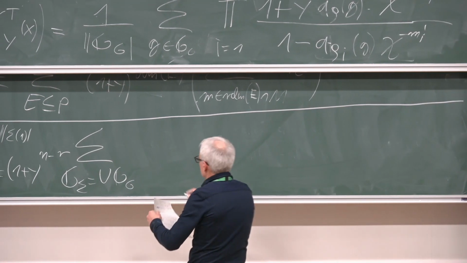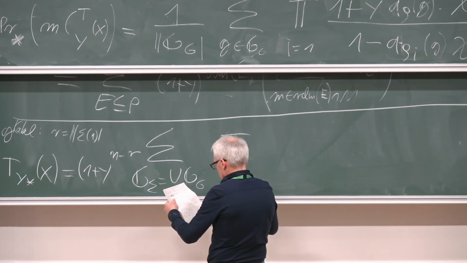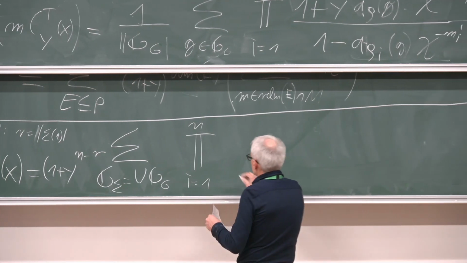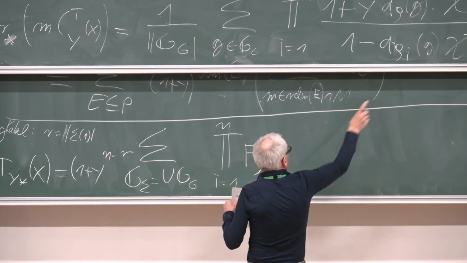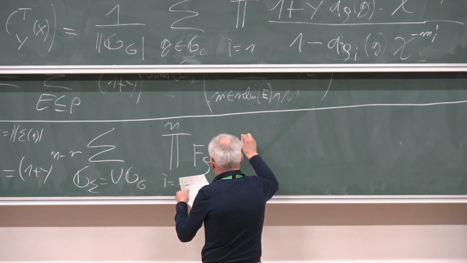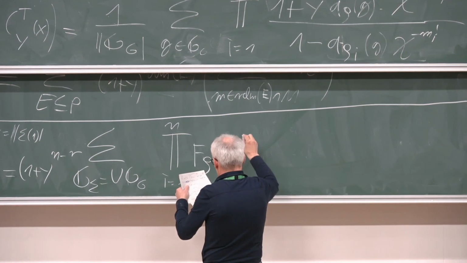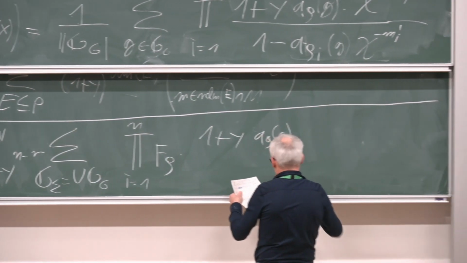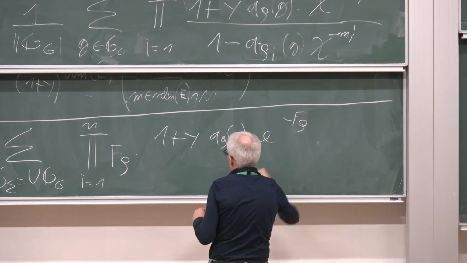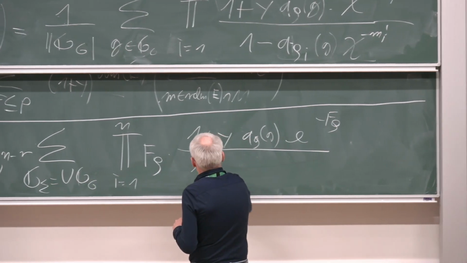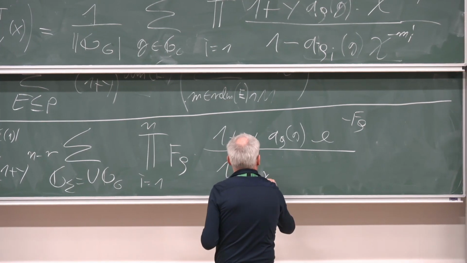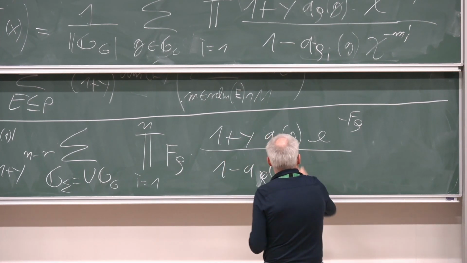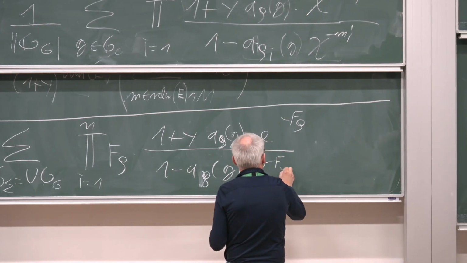If you do it correctly, it becomes the product over rho of f rho times this expression we have here: 1 plus y a rho of g e to the minus f rho over 1 minus a rho of g e to the minus f rho.